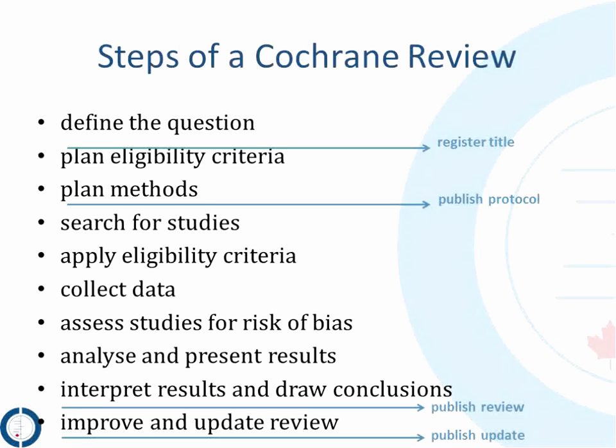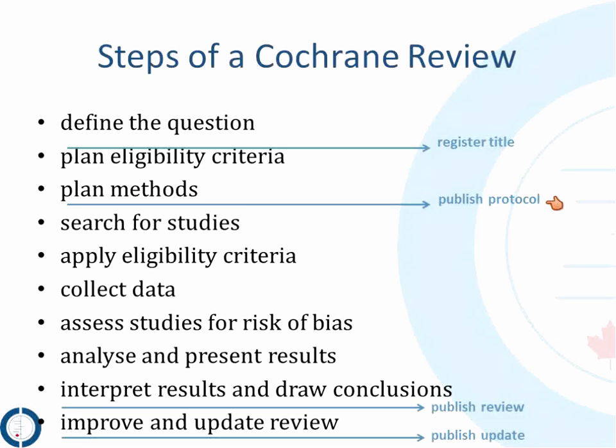For a Cochrane review, we translate these principles into steps. We start by formulating a question and by registering the proposed review title with the relevant Cochrane review group so we can keep track of which reviews are in progress. Then we plan our eligibility criteria and methods in advance, and then these are published as a protocol in the Cochrane library.